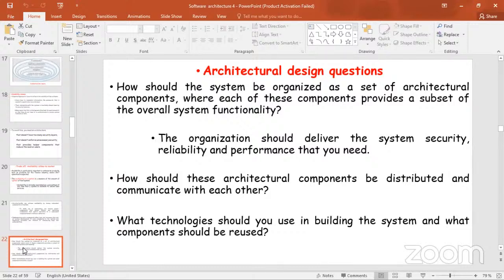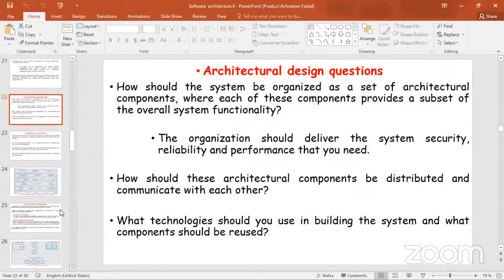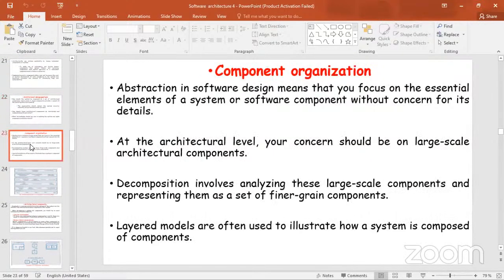How should these architectural components be distributed and communicate with each other? What technology should you use in building the system, and what components should be reused? So these are the questions that come up once you are considering the design of your architectural framework.